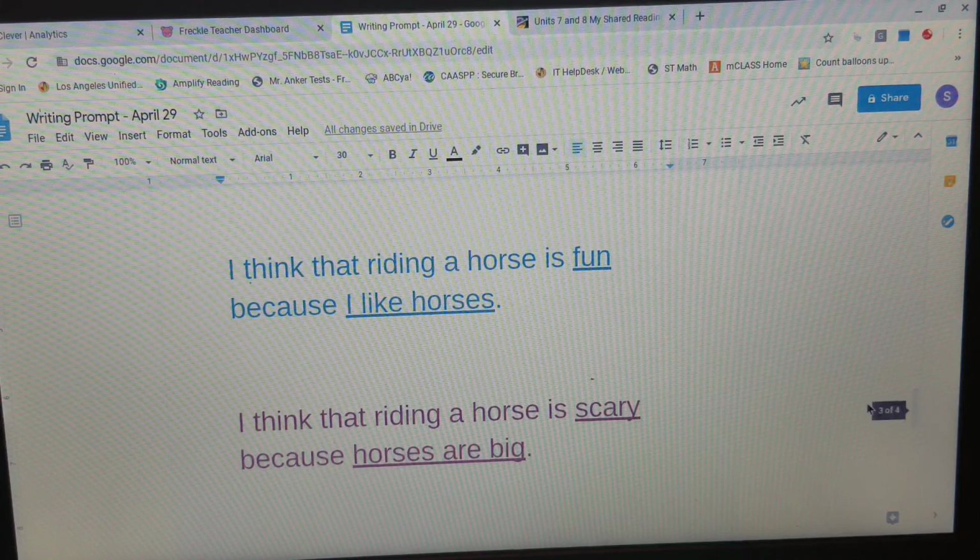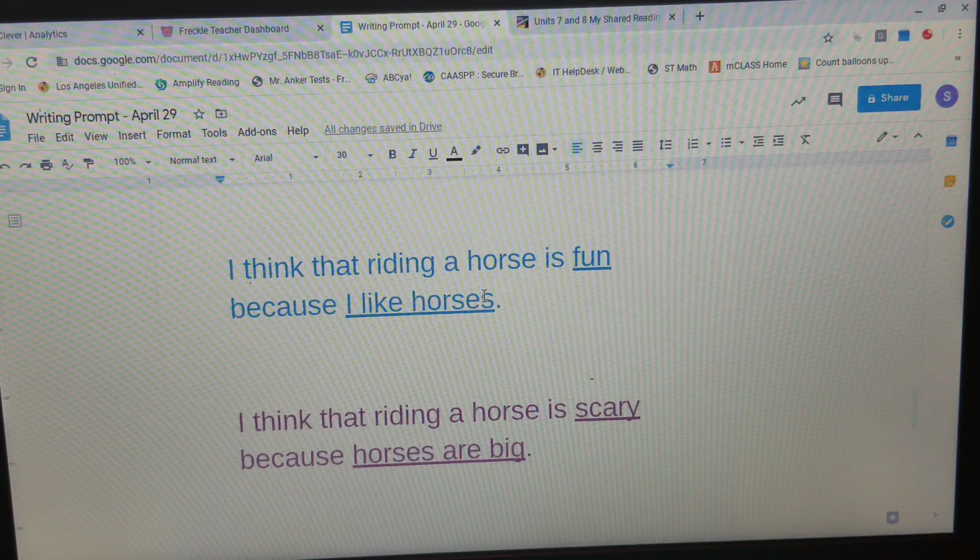So this is the first blank, and the second blank is, I like horses. Or the other example, I think that riding a horse is scary, maybe you don't really like it, because horses are big.